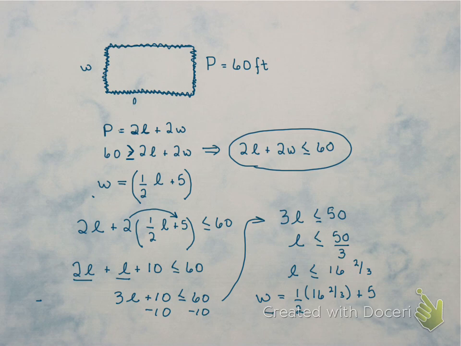I'm just going to leave that for now, as the inequality is the more important of the concepts here. Change your fraction to an improper, do your keep, change, flip thing, find a common denominator. That's how you would finish solving for the possible lengths of the width.